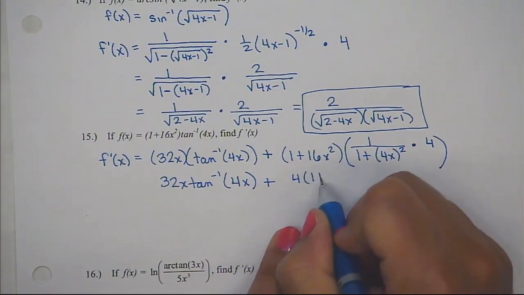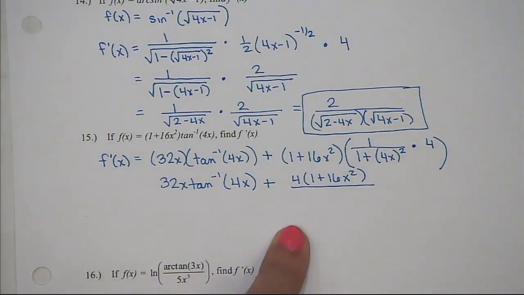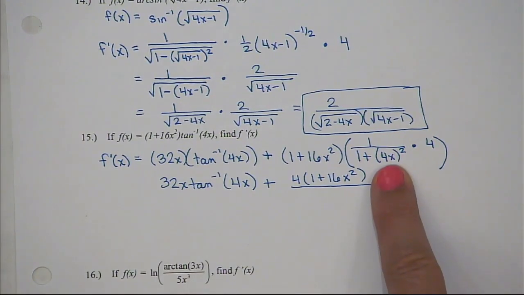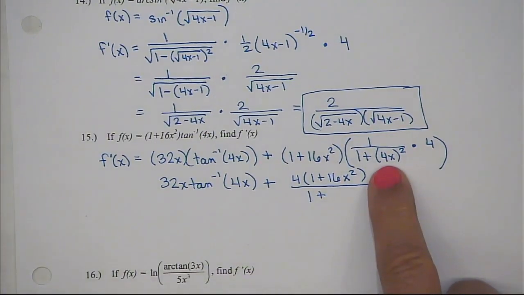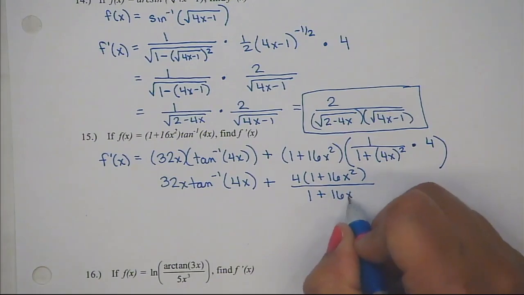Just 4 times this goes in the numerator. In the bottom, let's square 4x. So we have 1 plus 4x squared, which means 4x times 4x, 16x squared.